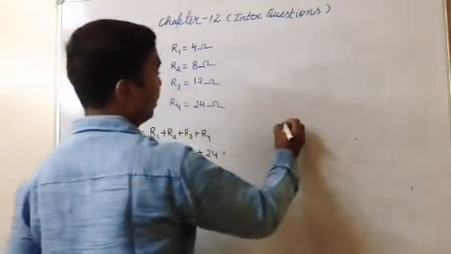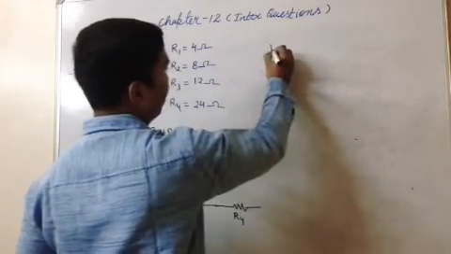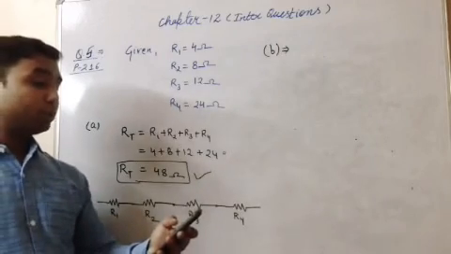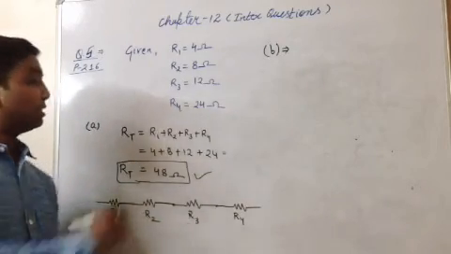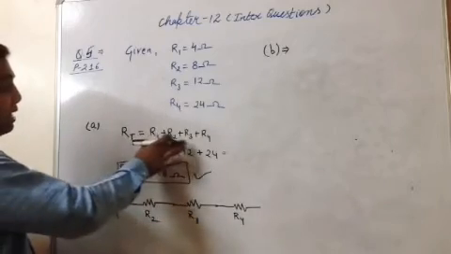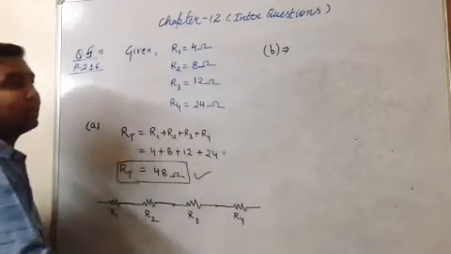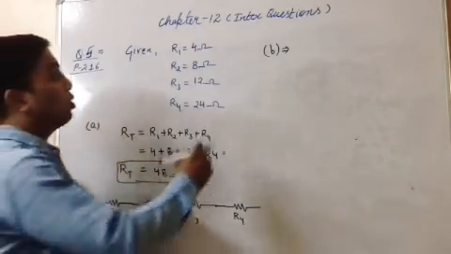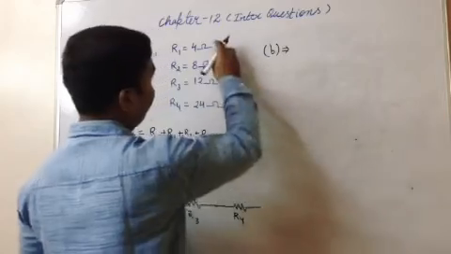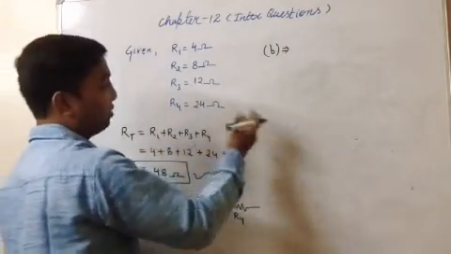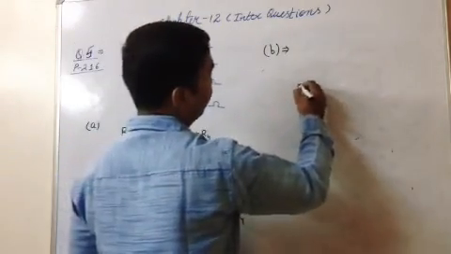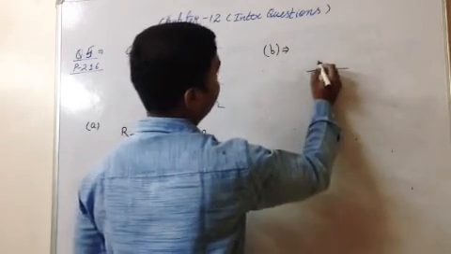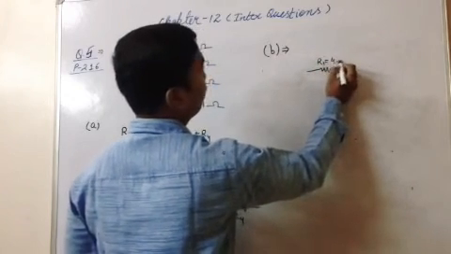Now we see what is given in the B part. In the B part, what is given is the lowest total resistance that can be secured by these resistors. We already know that in series combination the resistance becomes maximum, and in parallel combination the equivalent resistance becomes minimum. So how can we connect them in parallel? This is R1, 4 ohm.